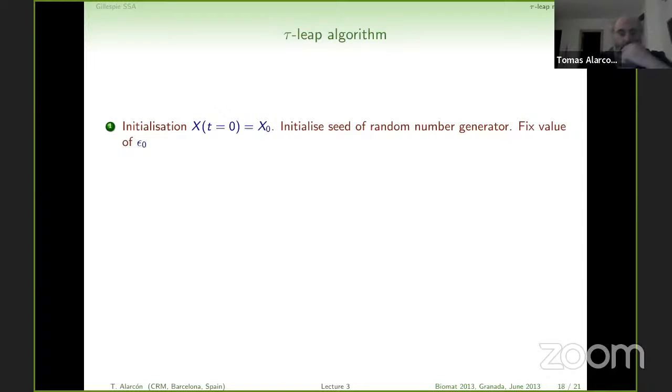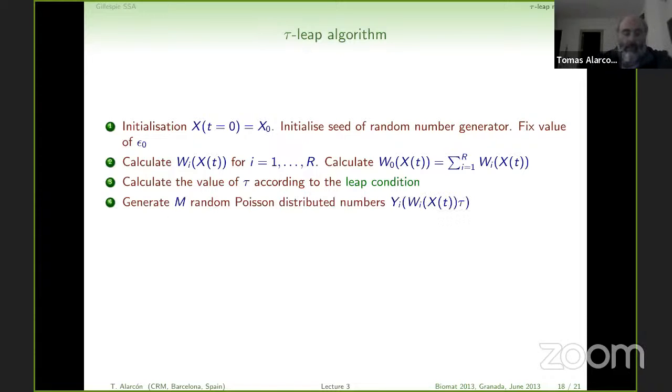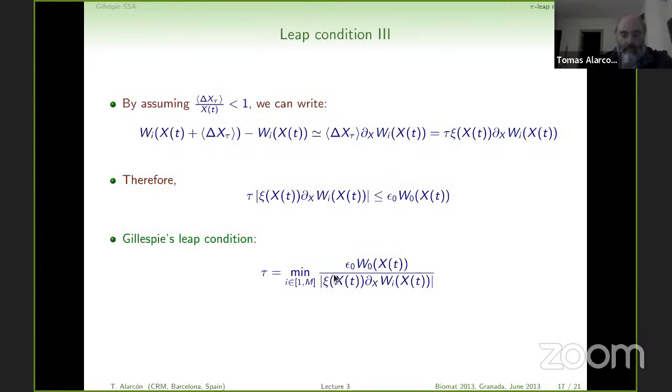And again, the tau-leap algorithm: we initialize the system, initialize the seed for the random number generator, and fix the value of this epsilon 0. Then, just like in the Gillespie algorithm, we calculate the W quantities and the W0 quantities. Then we calculate tau according to the leap condition, which is this formula here.